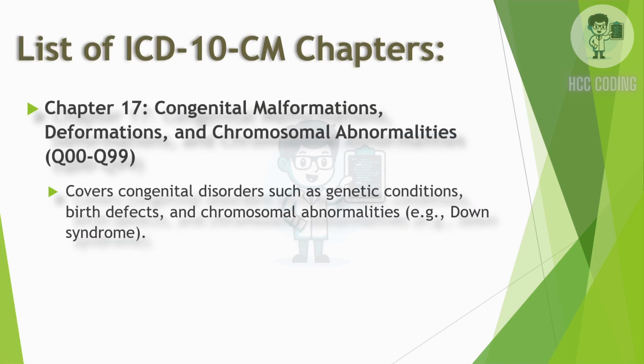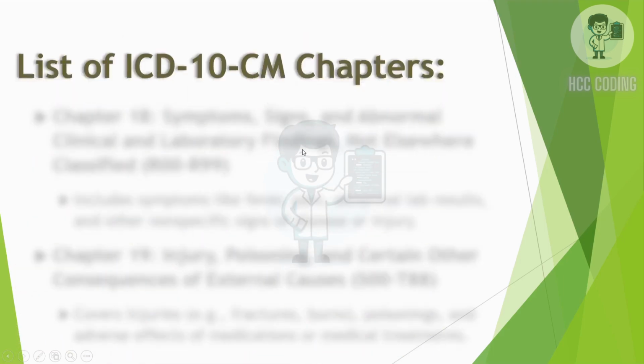And coming to chapter 17, congenital malformations, deformations, and chromosomal abnormalities, the code starts from Q00 to Q99, which is completely related to birth disorders. If the baby is facing any complication or disorder from birth, all those diseases come under chapter 17. That might be any congenital malformations or chromosomal abnormalities, everything will be covered under chapter 17.